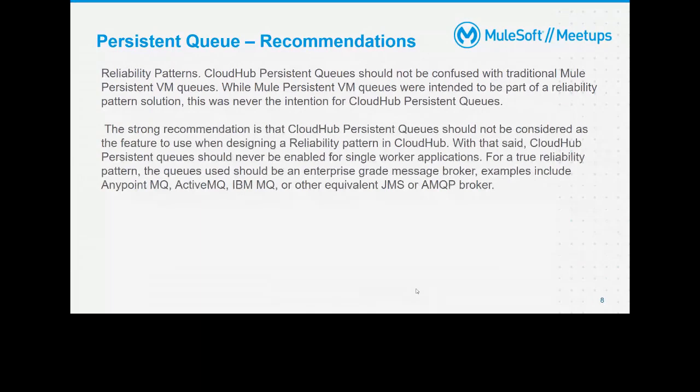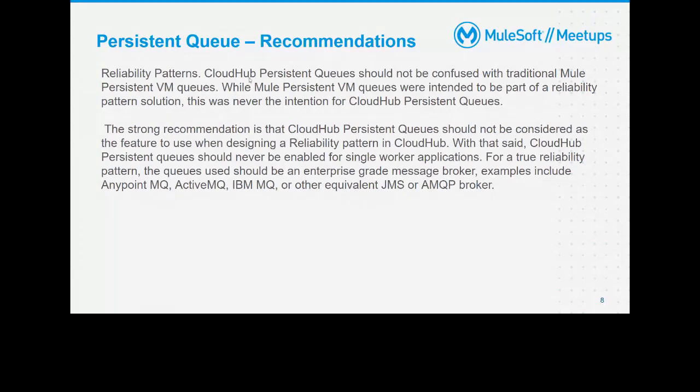There is a different way of implementing the reliability pattern with the VM connector. We are going to see that. Enabling the persistent queue doesn't mean you have enabled the reliability pattern. Persistent queue doesn't ensure a 100% guarantee, but it is good for high availability.